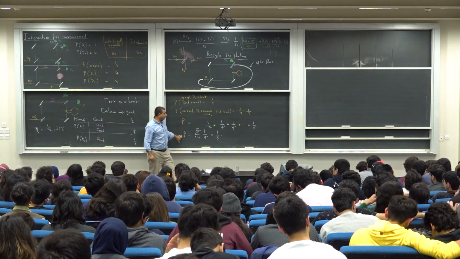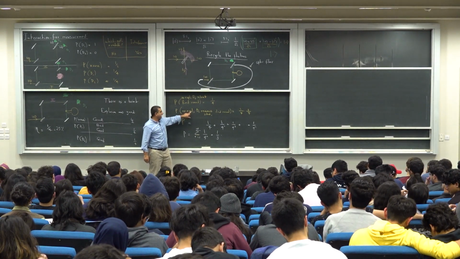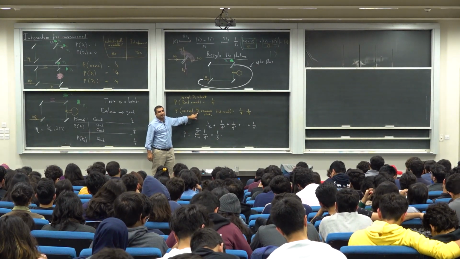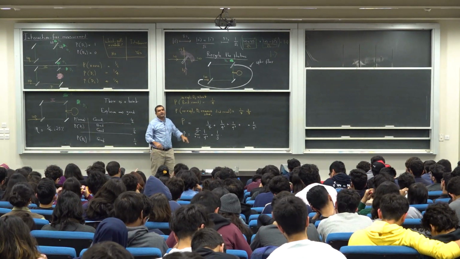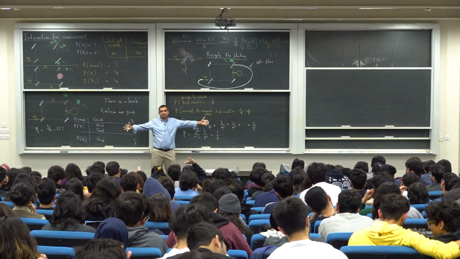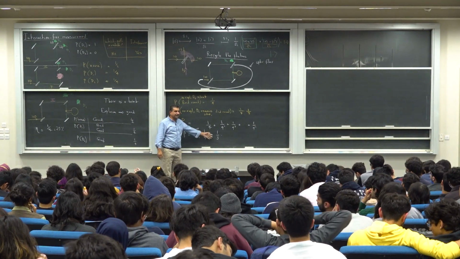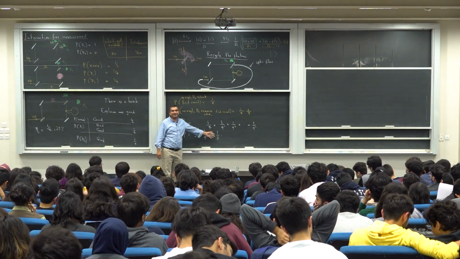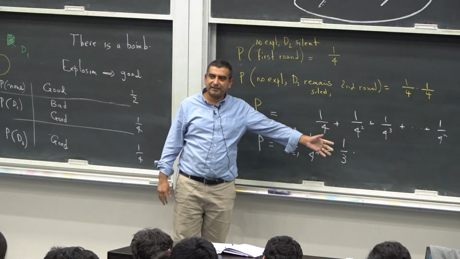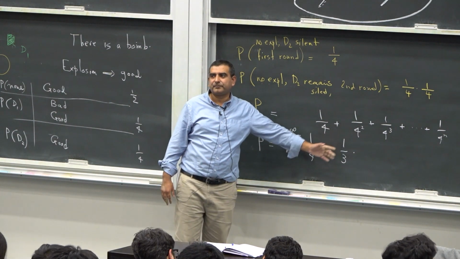It represents the probability that there is no explosion and the D2 detector has never clicked in a long run of experiments. So there's still a probability that this is a good bomb and a probability that this is a bad bomb. But the probability that it's a good bomb is 1 by 3 now. Yes, please.